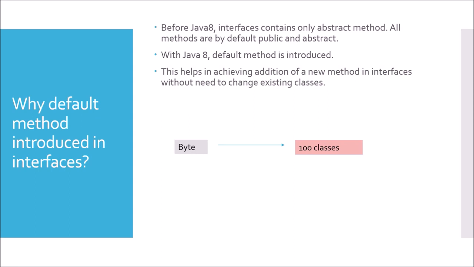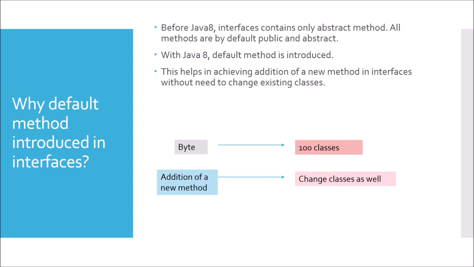Before Java 8, if I add a new method in this interface, then I have to change all the 100 classes to accommodate this new method and provide its implementation. So a single addition of a method in an interface implemented by many classes forces the developer to change all the classes.